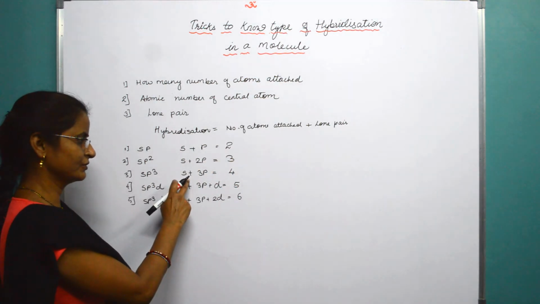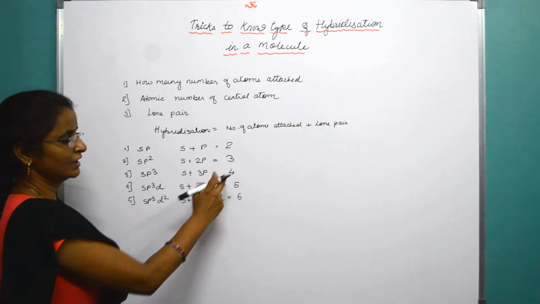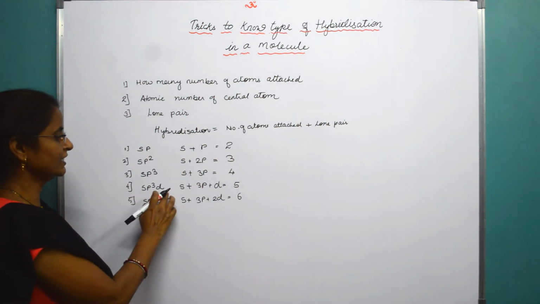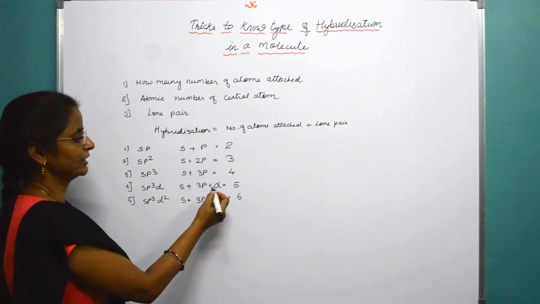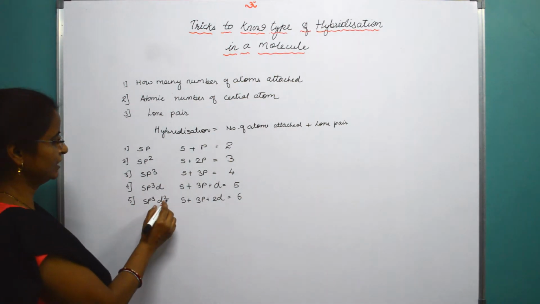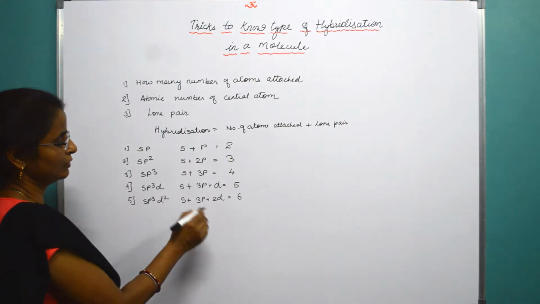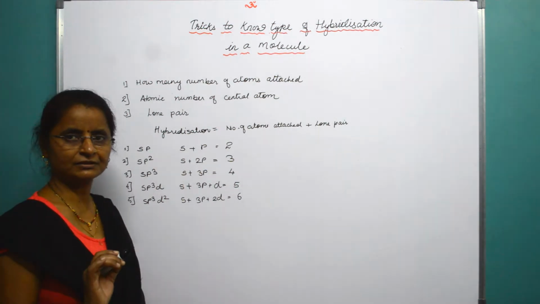Similarly in sp3, one s and three p orbitals get hybridized and form four hybrid orbitals. In sp3d, 1s, 3p and 1d get hybridized and form 5 hybrid orbitals. In sp3d2, 1s, 3p and 2d orbitals overlap and form 6 hybrid orbitals.